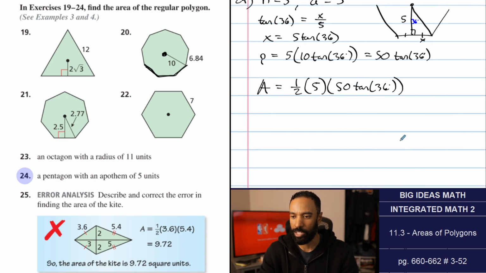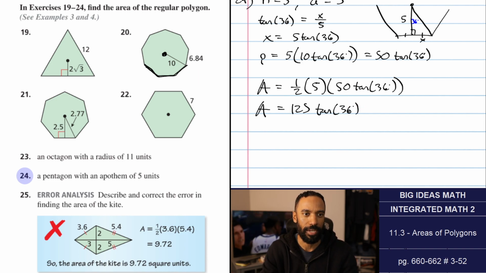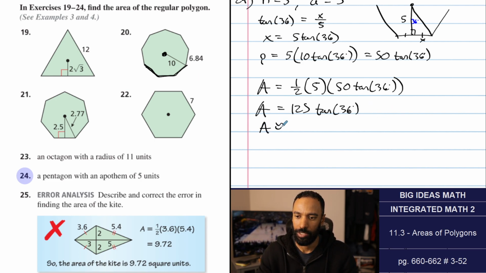So I'll get you the exact one this time. Half of 50 is 25. 25 times 5 is 125 times tangent of 36. And I will compute that for y'all right now. 125 tangent of 36. And we get 90.8. 90.8 square units.